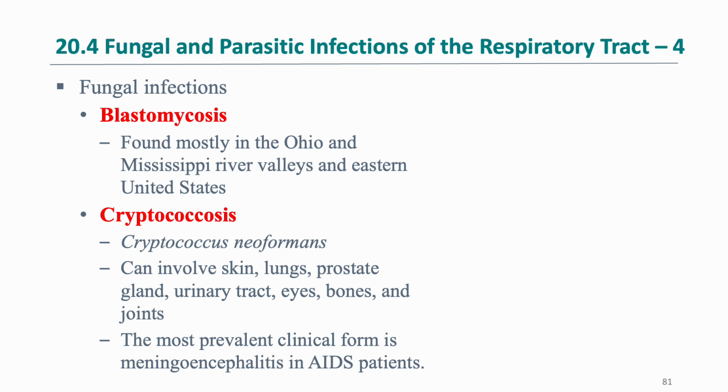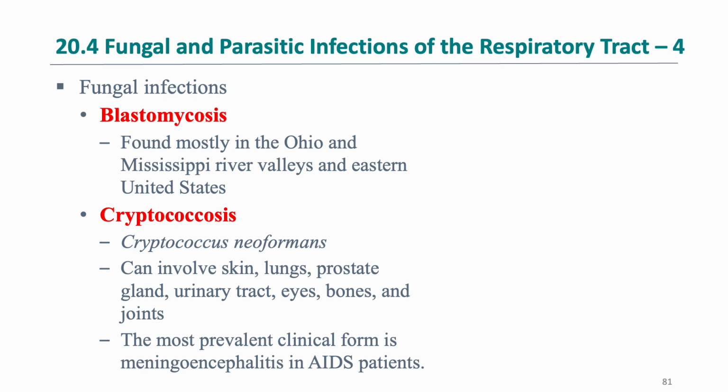Okay, so down below are the last two fungal and parasite infections of the respiratory tract. Blastomycosis can disseminate to the lungs, skin, bone, and genitourinary tract, which is consistent with the pattern of organ involvement seen in this patient. Blastomycosis is endemic to the eastern U.S. Next is Cryptococcus neoformans, which is an encapsulated yeast that causes cryptococcosis.